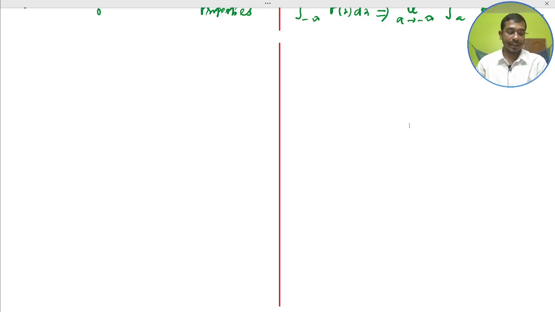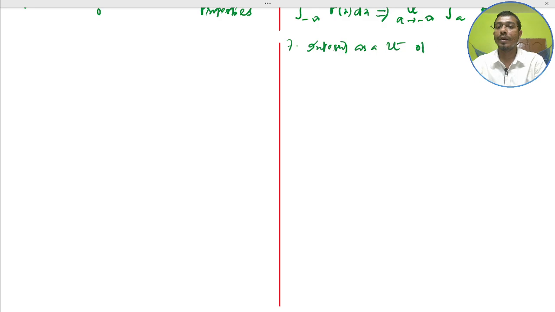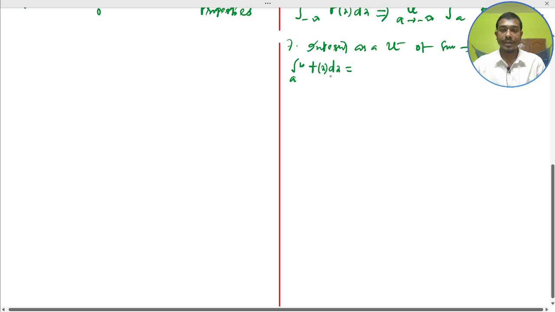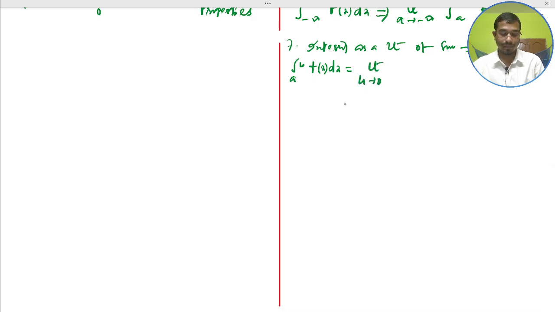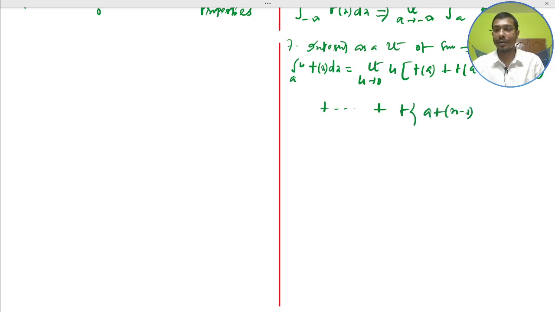This is the concept like the Taylor series, integral as the limit of a sum. It states that the integral from a to b of f(x) dx is the limit as h tends to 0 of h times f(a) plus f(a plus h) plus f(a plus 2h) plus dot dot plus f(a plus (n minus 1)h), where b minus a is nh, and h is the step length.